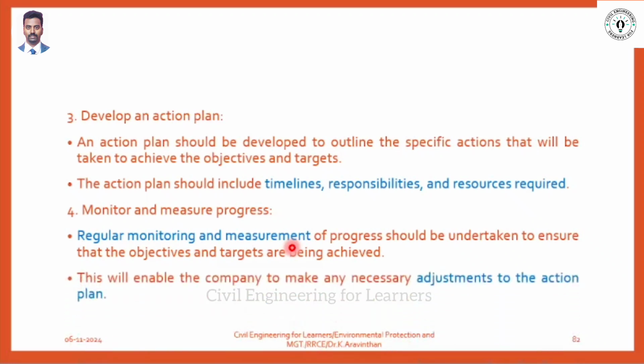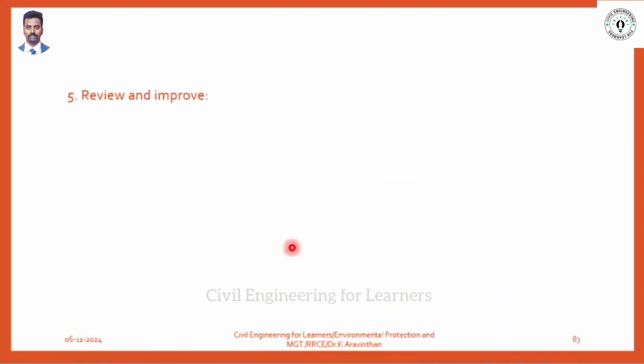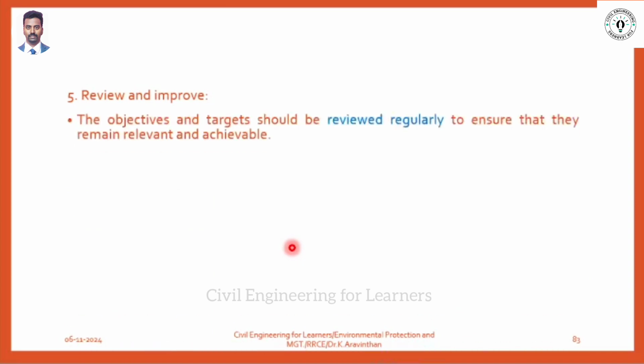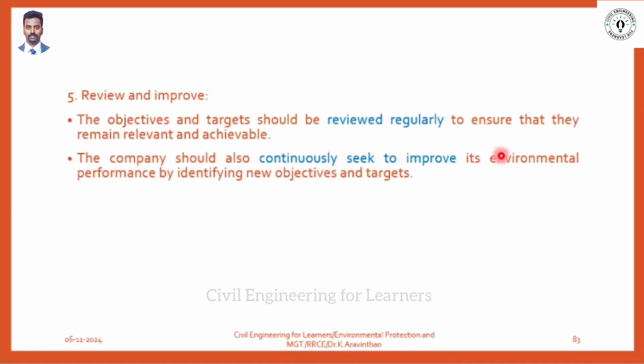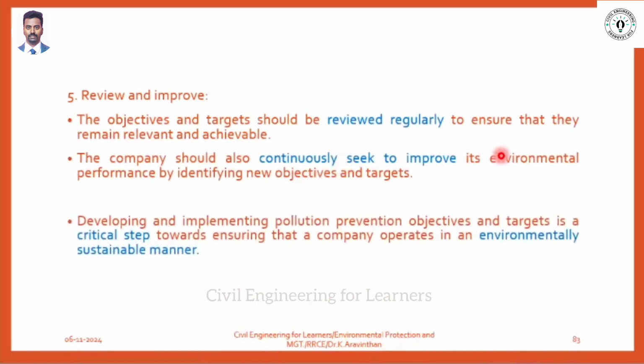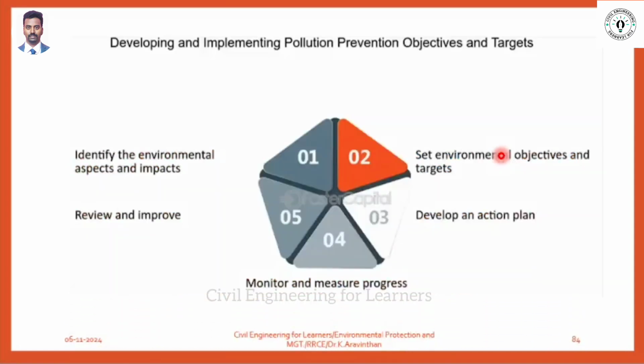In addition to the action plan, the final point is review and improve. This comes under the continual improvement process. You should continuously seek to improve this strategy. So this is a critical step towards environmental sustainability. So this is the overall idea.